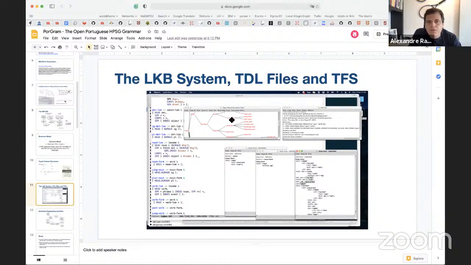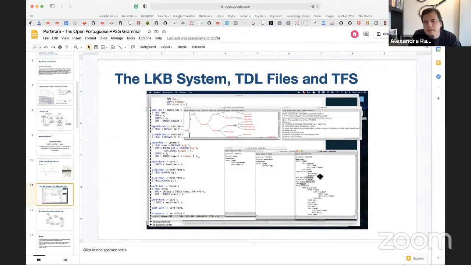We can right-click on any node in this tree, and then you can see the definition in terms of the TDL formalism, right? Those type feature structures, and you can expand. You can also click here and look for the complete expanded definition. What I mean by expanded is, let's consider not just the local definition, but all the things that I got from the hierarchy, from the parents of this definition.